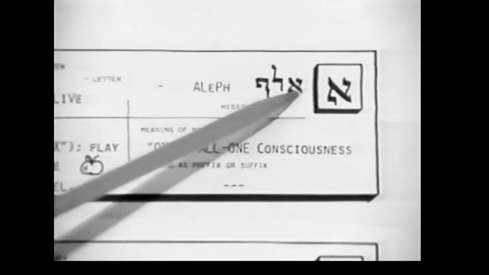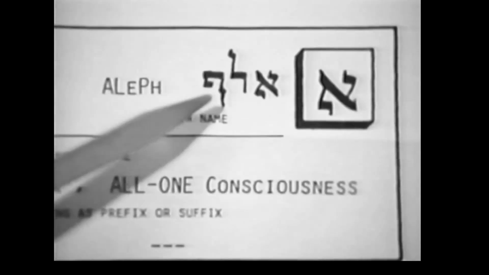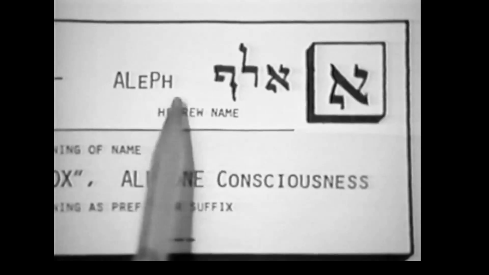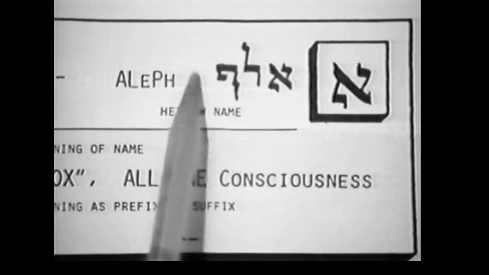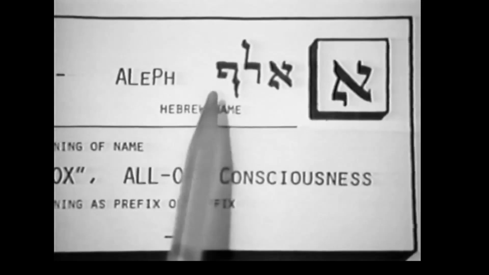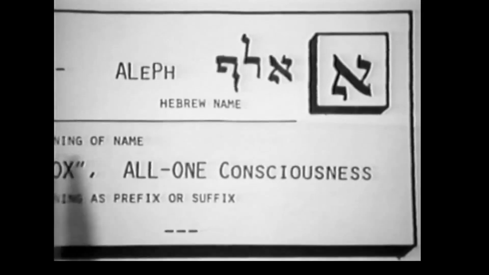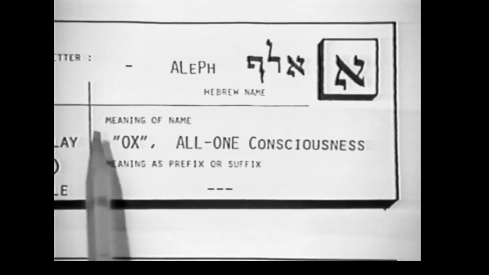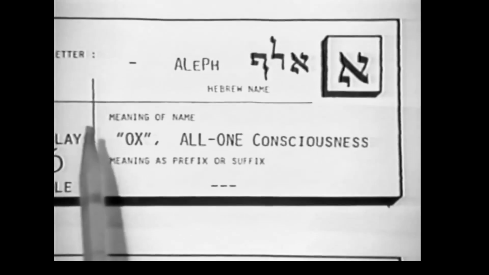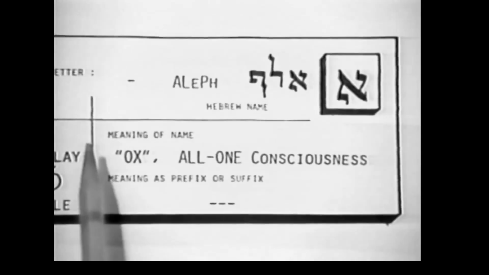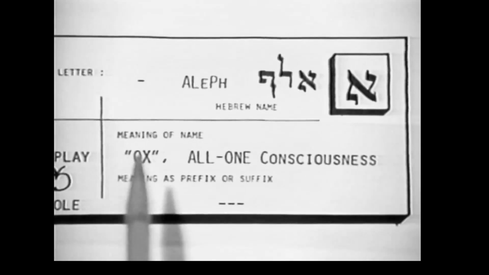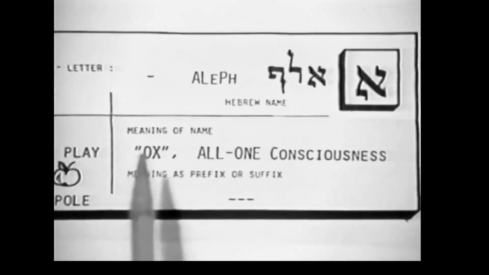So, all right, here we have Aleph. It's spelled in Hebrew Aleph Lamed Pei, or final Pei. Here's the English Aleph. This Pei, F sound, is a PH or a P. It refers in simple meaning to an ox, for who knows why. The standard linguistic theory is that the hieroglyphic that originally in Old Canaanite Semitic form looked a little like an ox became the A. There may be something to that, but I think there's deeper meaning.